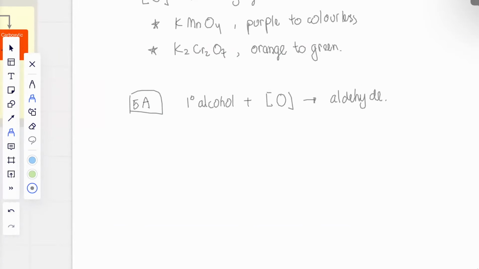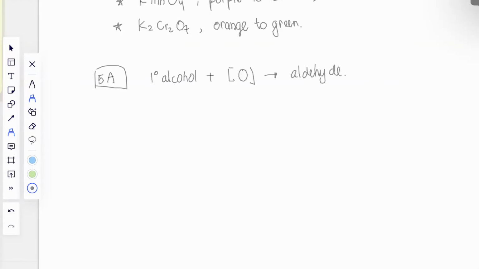I give example: propane-1-ol plus square bracket O, the oxidizing agent. Then give me the product.